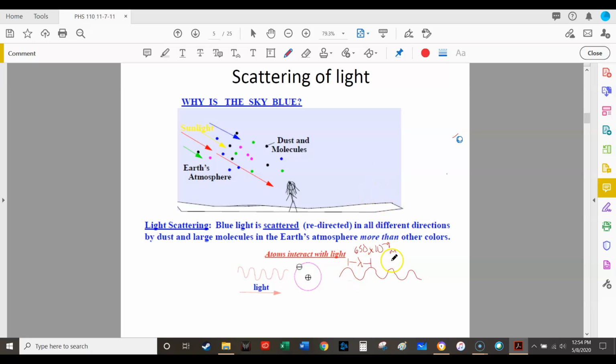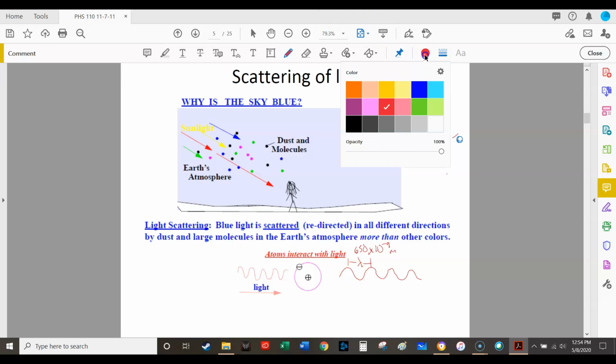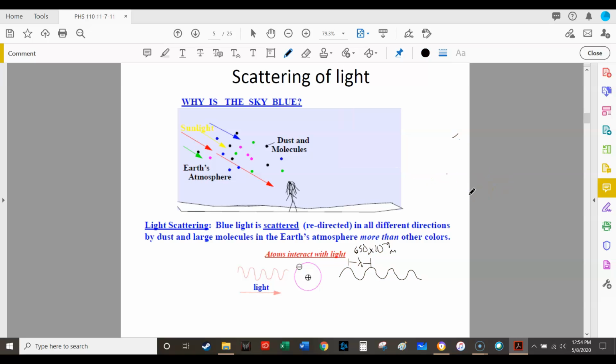So this is the wavelength for red. Well, what happens is how this wavelength will scatter. If you come across a particle that is greater than the size of the wavelength, and I'll try to make a dust particle, here's a dust particle, and it's bigger than this wavelength.